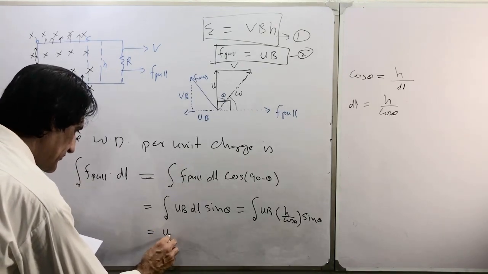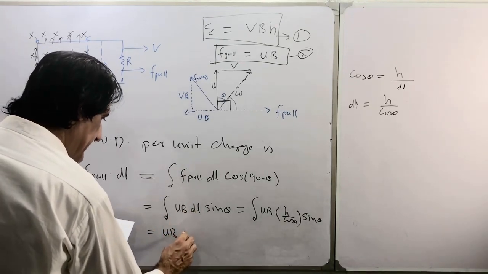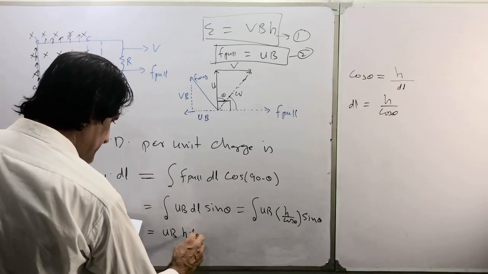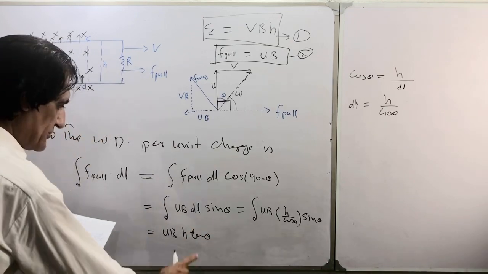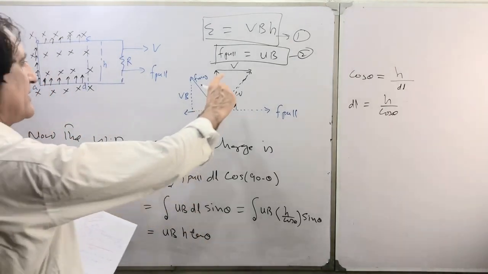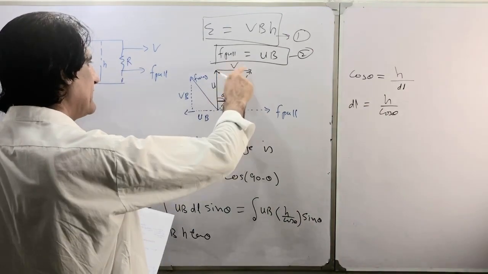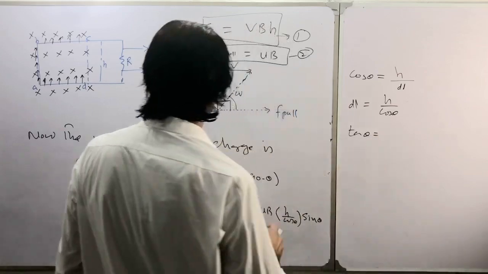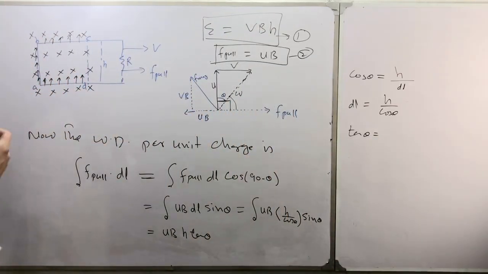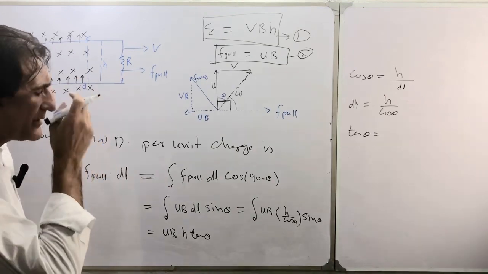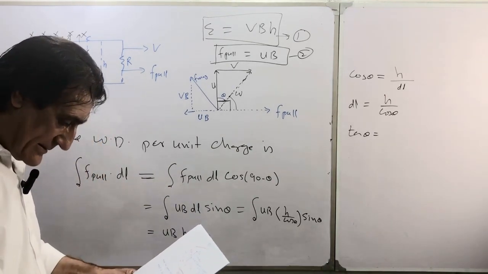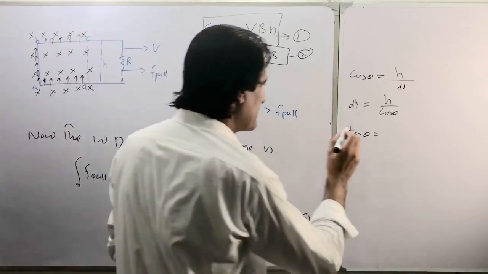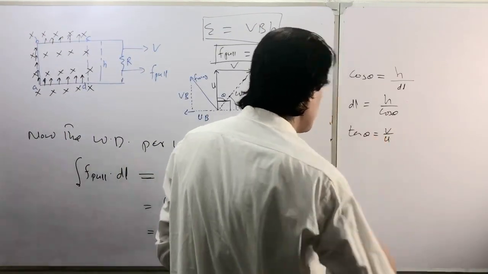UB and h are all constants, so this is equal to tangent of theta. So what is tangent theta in this diagram? Tangent theta is perpendicular divided by base. This is perpendicular, this is base, so v divided by u.